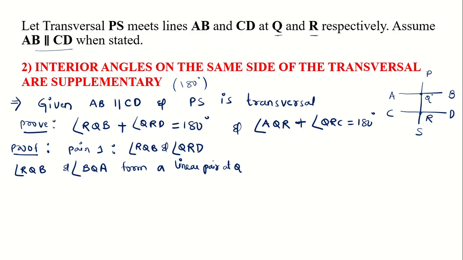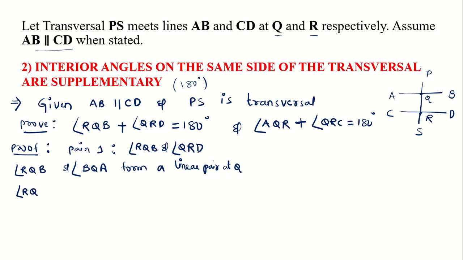So you'll get an angle like this, which forms a linear pair at Q. Okay, if you are not familiar with the linear pair of angles topic, you can check out my previous videos in which I have explained the topic linear pair of angles.